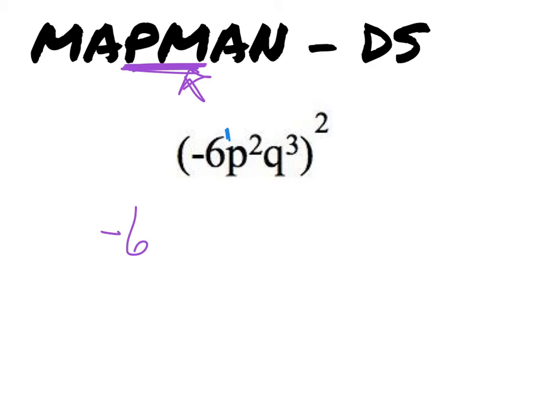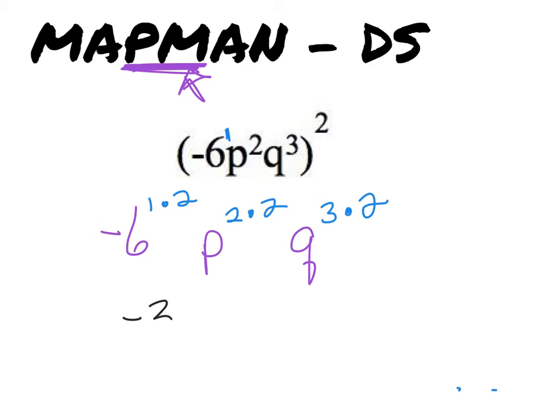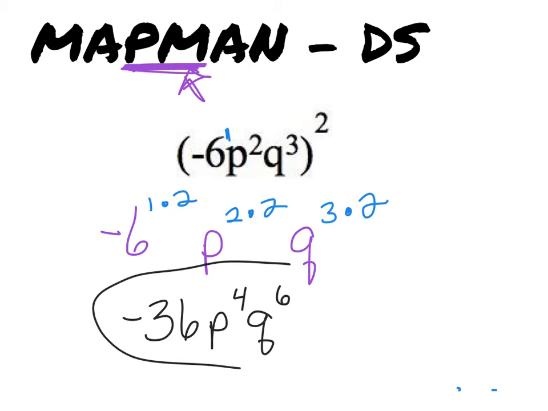So I've got 1 times 2, and then I've got a p to the power of 2 times 2, and then I've got a q to the power of 3 times 2. And when I simplify this whole thing, what I end up with is negative 36 p to the 4th power q to the 6th power. And that's my answer.